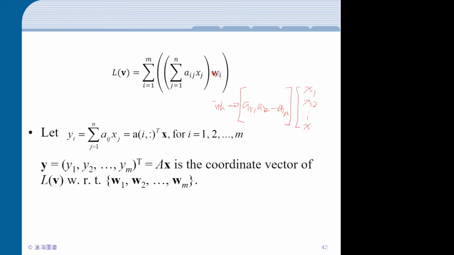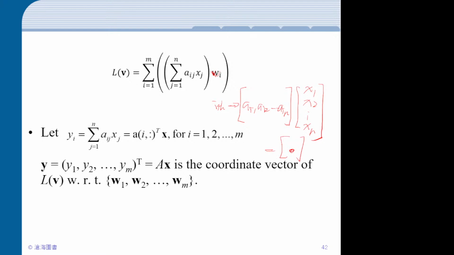Okay, x1, x2 to xn here, and a_i1, a_i2 to a_in here. And you see this summation is really this matrix multiplication of the ith row and this column vector, and this will be the ith coordinate of the output vector.